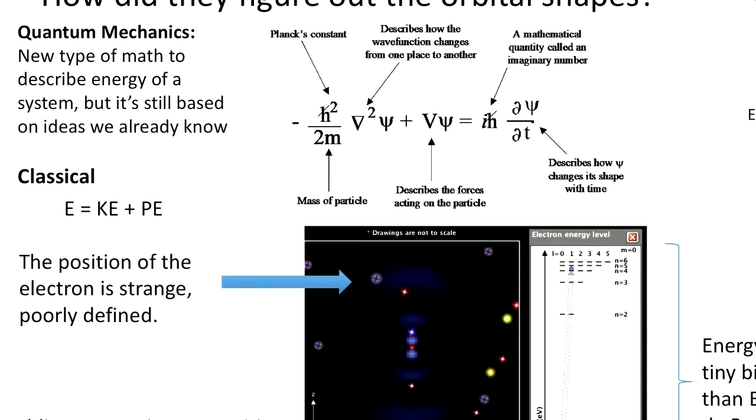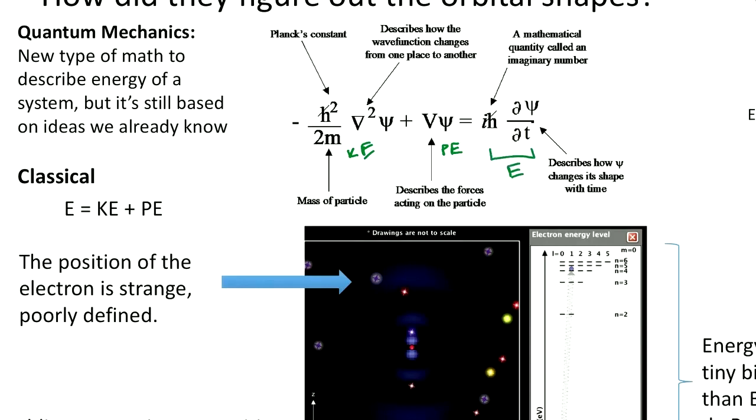That to me sounds like kinetic energy, where we're taking into account mass and velocity, right? This other term describes the forces acting on the particle, so that sounds like potential energy, while this first term sounds like kinetic energy. And if we add those two things up, we get the total energy of our system.